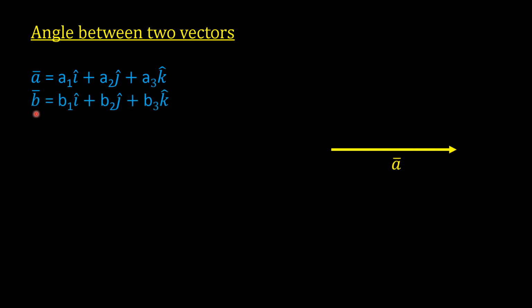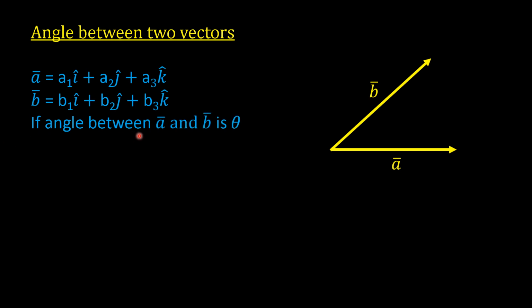What will be the angle between two vectors a bar and b bar, where a bar is a1 i cap plus a2 j cap plus a3 k cap, which is this vector, and b bar is b1 i cap plus b2 j cap plus b3 k cap, which is this vector.